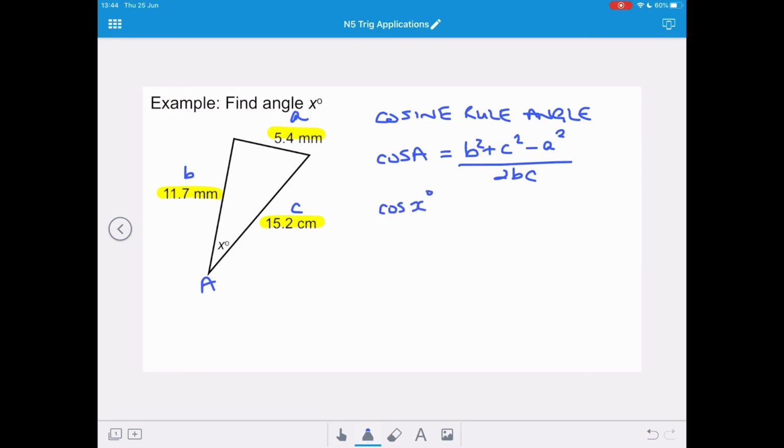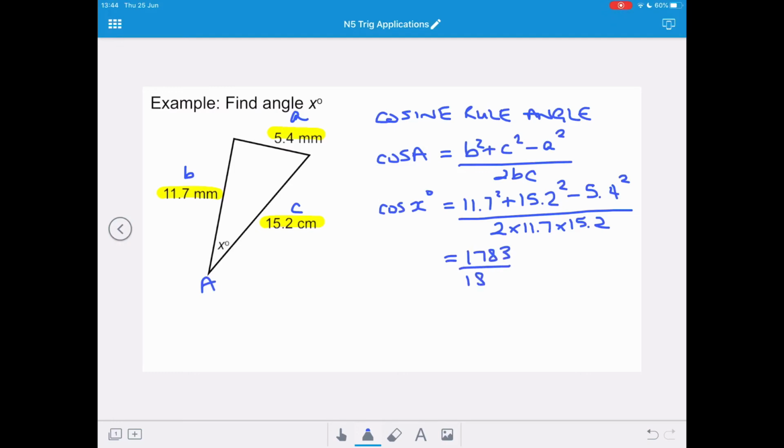We can substitute that in, so the cos of x degrees equals 11.7 squared plus 15.2 squared, take away 5.4 squared, all over 2 multiplied by 11.7 multiplied by 15.2. And that gives us a cos x degrees of 1783 over 1872.